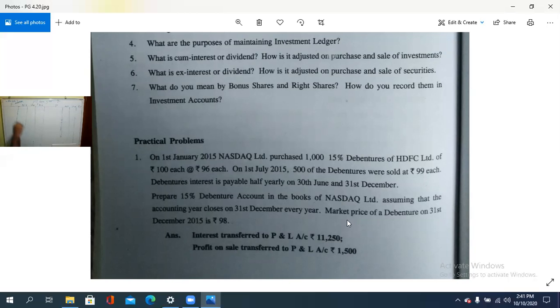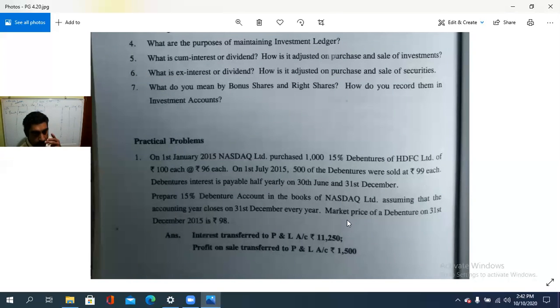Debit to bank, because on the date of purchase, the date is 1-1-15. How much is the value? 1,000 into 100, 1 lakh. Here 96,000. Clear? 96,000.